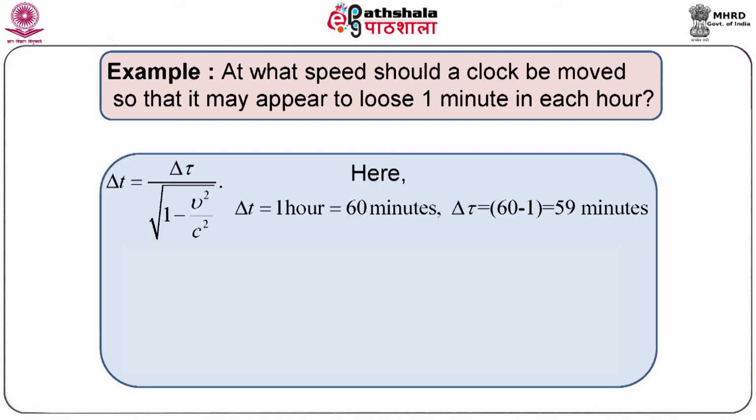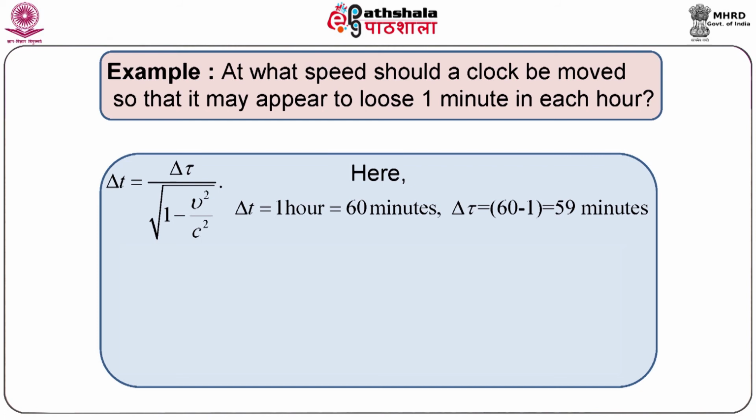We have the formula from time dilation that Δt equals Δτ divided by the square root of 1 minus v squared by c squared. Δt gives the time difference in frame S, whereas Δτ gives the time difference in frame S dash.